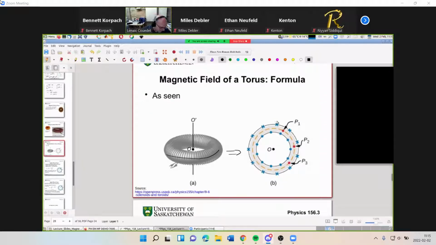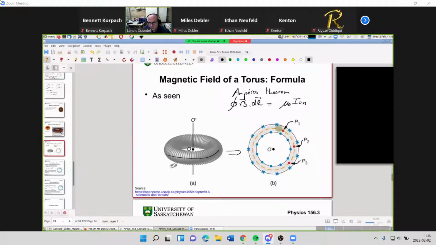And if you use this yellow line as the Ampere contour, Ampere's theorem says the integral of B·dl on the closed contour is equal to mu 0 I enclosed.